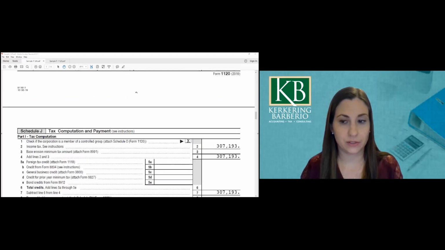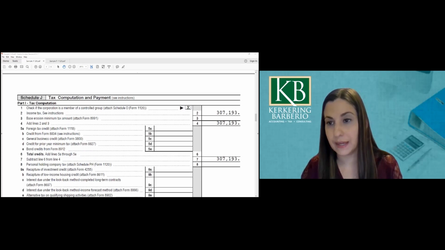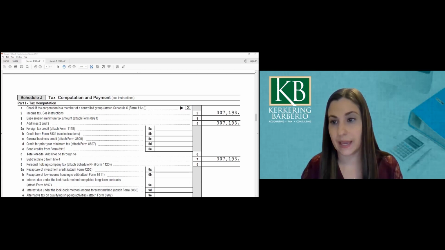So moving on to the tax computation on Schedule J, this is a separate page that we don't see on an S-corp return, which is the calculation of the federal income tax.